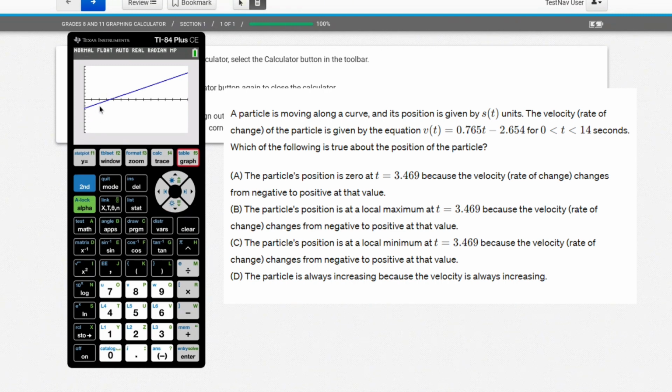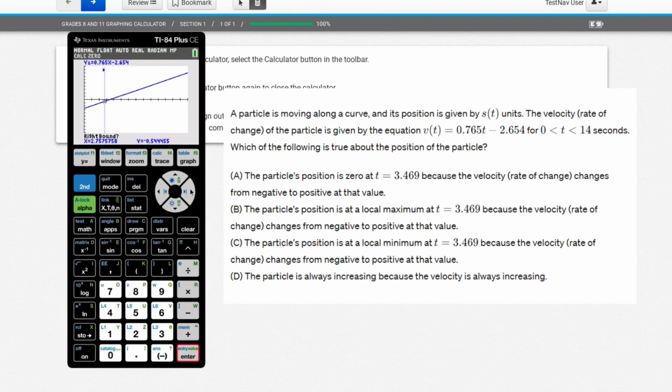Now, remember what I said on this slide. When you have a negative slope, that means your actual function is going down. When we have a positive slope, that means our actual function is going up. So here's a negative slope, here is a positive slope, and we should find out where that changes. Second calc zero will tell us where our velocity function, which is the slope, changes from negative to positive.